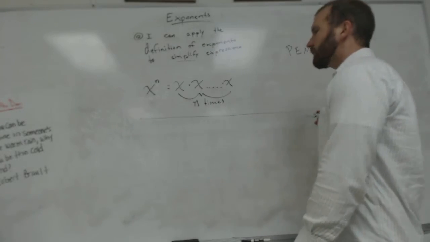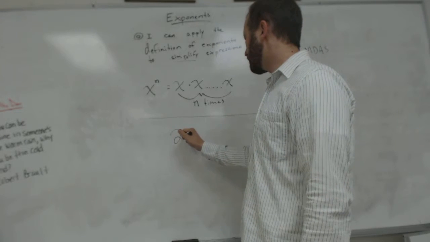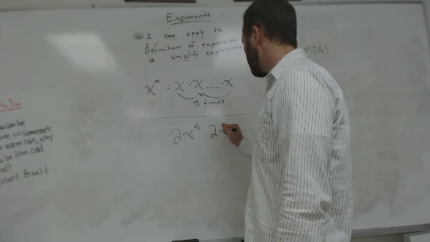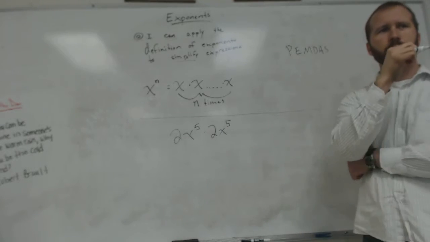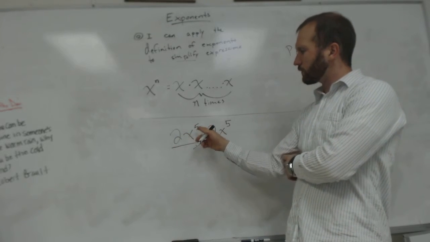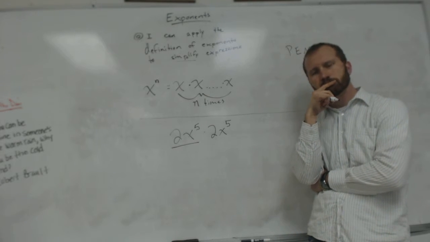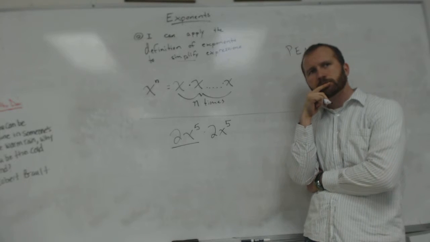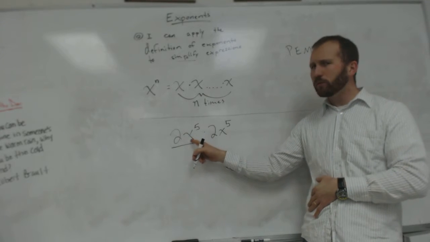Alright, now there's another thing that's a little tricky with these. Let's say I had something like this: 2x to the fifth times 2x to the 5th. What is my base here? What is being raised to the 5th power? Yeah, only the x.